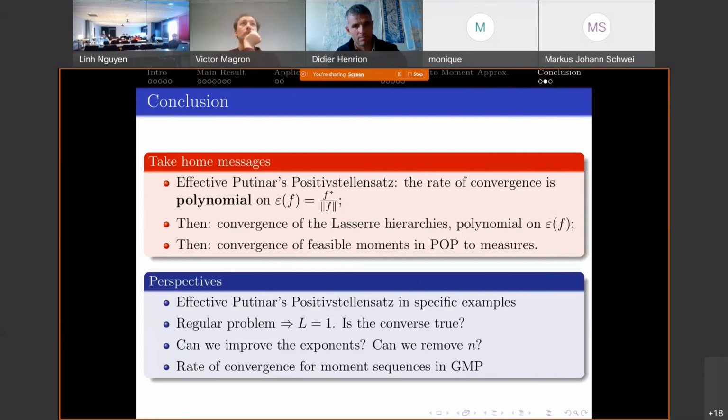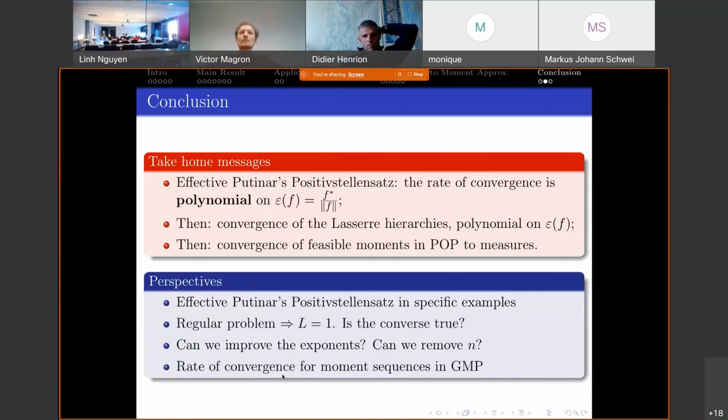And now let me repeat all the perspectives that you already mentioned. First is the effective Putinar Positivstellensatz in specific examples, as was asked by the audience before. And then the second question could be, okay, we have seen that for a regular problem, we have L equal to 1, but we didn't prove that for a bad problem, the exponent is bad.